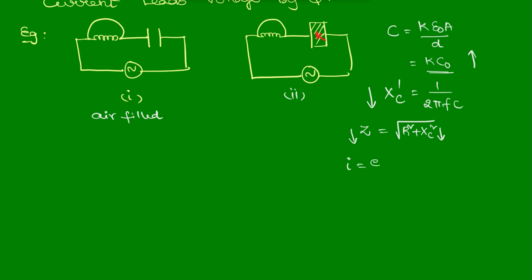So current in the circuit, which is E by Z, will increase. As current is increasing, power dissipated across the bulb, which is I square R, increases. So brightness of the bulb increases.